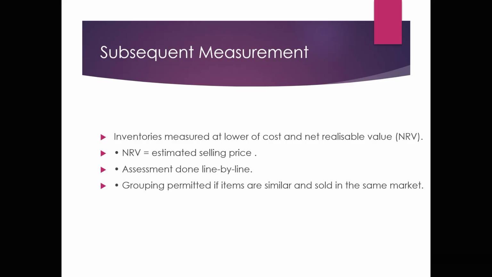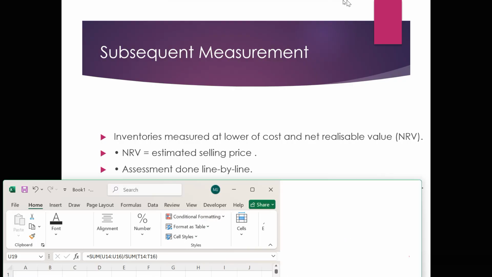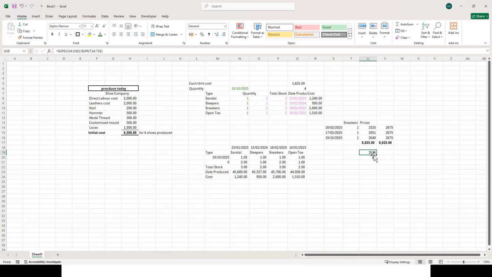So, subsequent measurements. Inventory is now measured at lower of cost subsequently, after you've gotten the cost of inventory. Using weighted average, we got this, right?